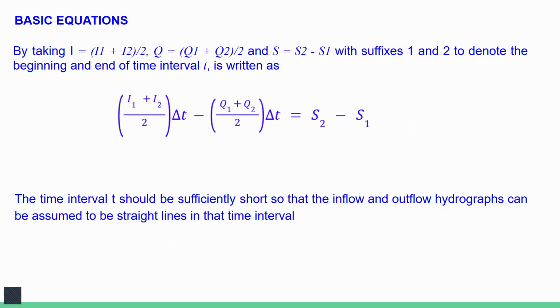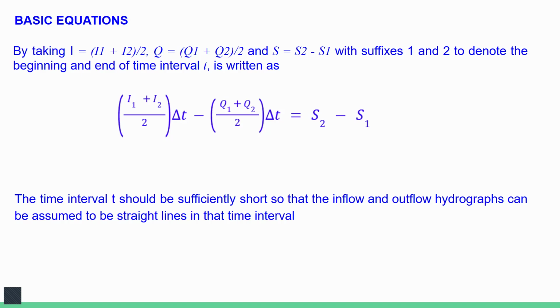So by taking I bar equal to (I1 plus I2) over 2, Q bar equal to (Q1 plus Q2) over 2, and delta S equal to S2 minus S1, with suffixes 1 and 2 to denote the beginning and end of time interval delta t, it can be written as (I sub 1 plus I sub 2) over 2 multiplied by delta t, minus (Q sub 1 plus Q sub 2) over 2 multiplied by delta t, is equal to S sub 2 minus S sub 1.